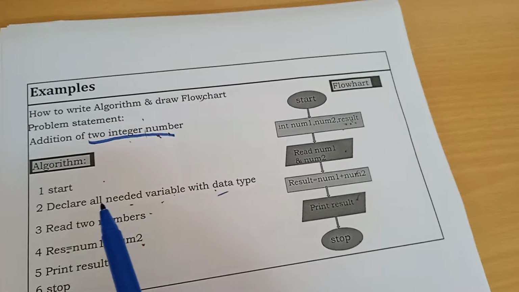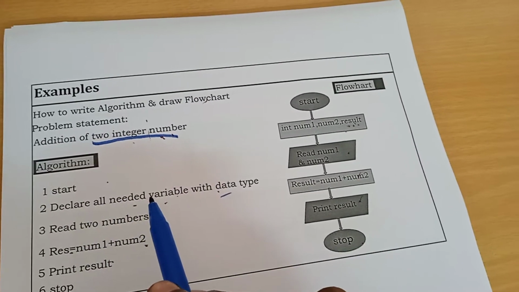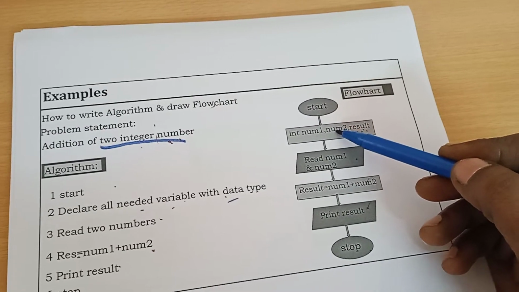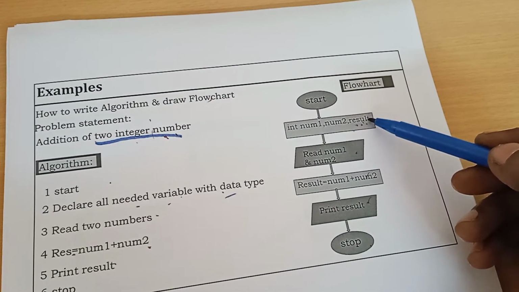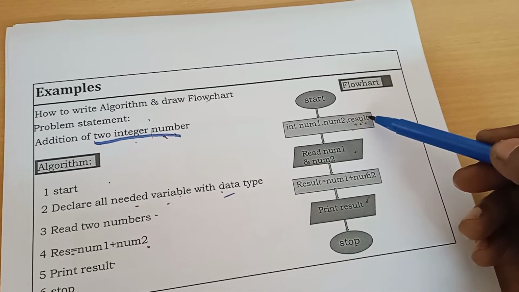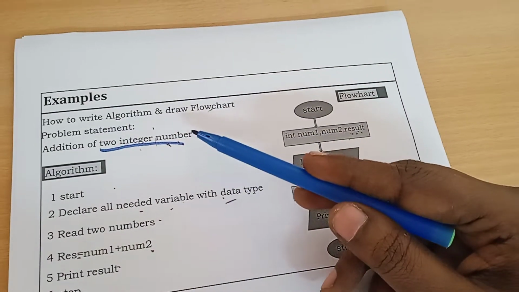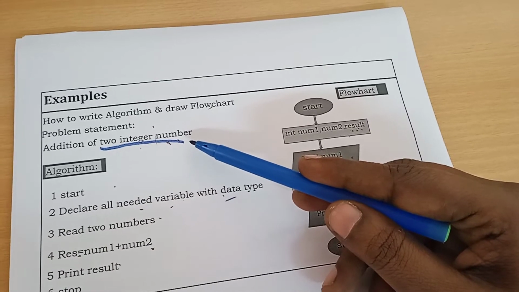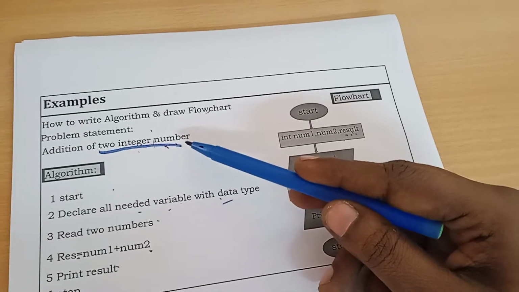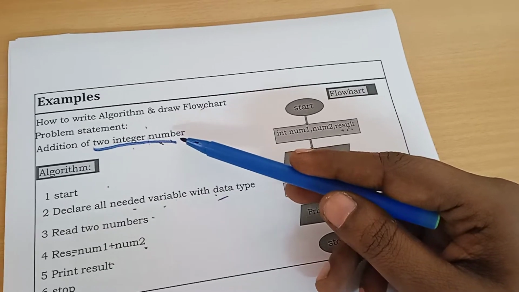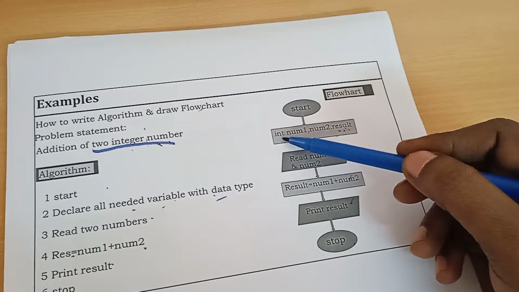What does this second step mean? We are going to take two variables and another variable to store the result, and we are taking these as integers as specified in the question. If the data type is not mentioned in the question, you can still take integer.